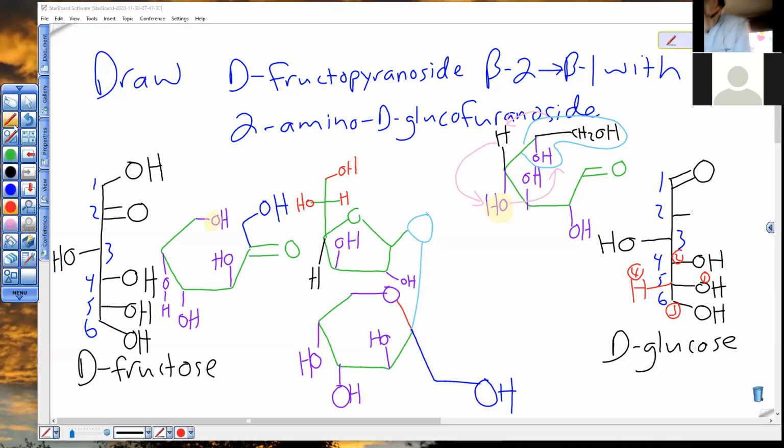My computer's telling me it's time to take a break. So instead of an OH, carbon 2 has an NH2. And this 2-amino means it was an NH2 here as well. We'll tidy it up for our final answer.